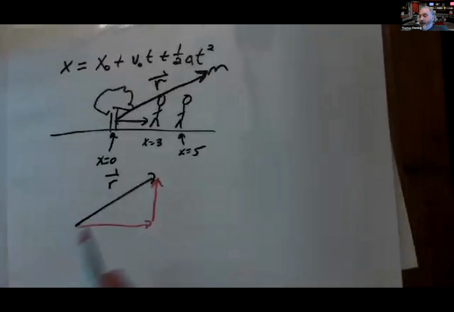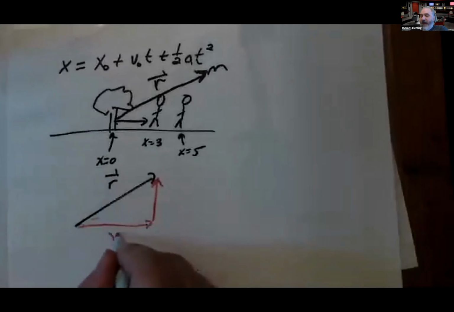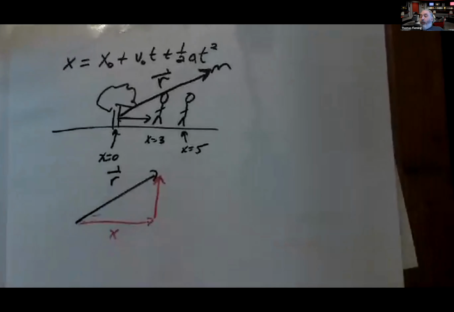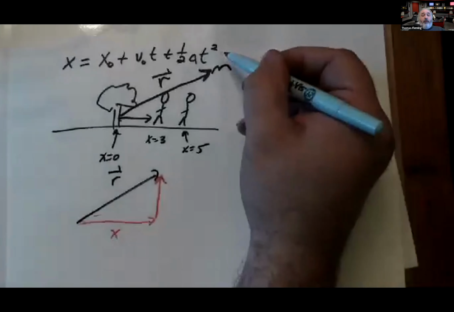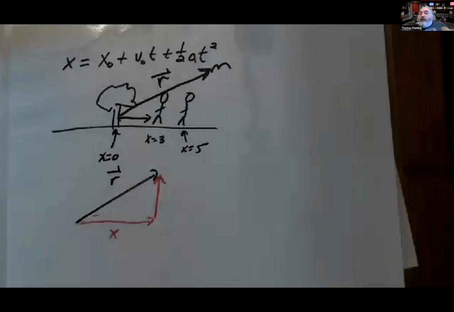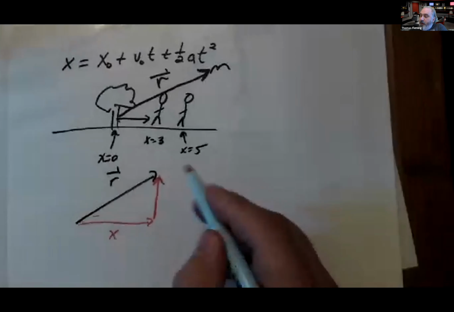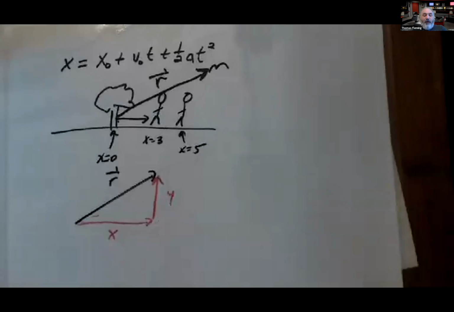But wait a second, the sideways part of my position vector r is just what we used to call x. So the reason this worked back in chapter 2 was because we were doing stuff with vectors where they only had x components and these parts were 0. But now this will be just my y part.